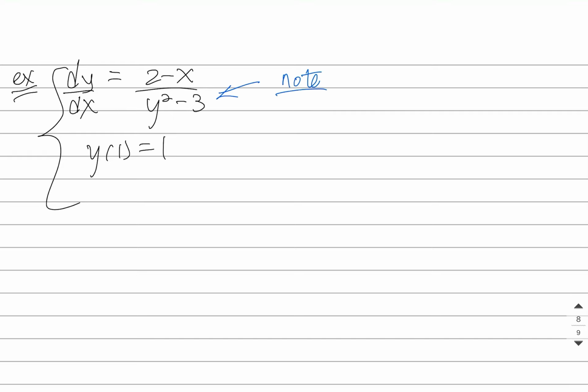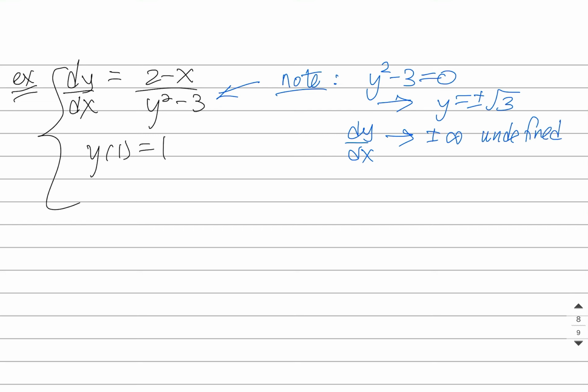In most nonlinear equations, it's difficult to determine if bad things will happen. Well, in this particular case, we can see that if y squared minus 3 is equal to 0, or y equals plus or minus root 3, the slope will be undefined. So we should expect that when we solve this, somehow we will see that behavior.